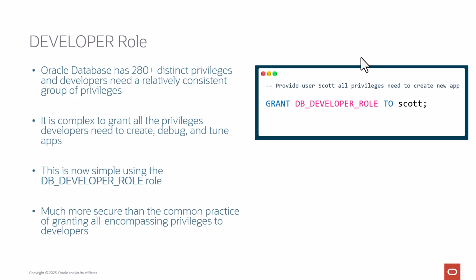Often enough, they fall into the drawback of working with the DBA role, or basically having just too many privileges, whereas in fact they need a relatively consistent group of privileges. The idea of this new role is to grant a new developer exactly what they need to implement, design, and deploy applications on Oracle databases.